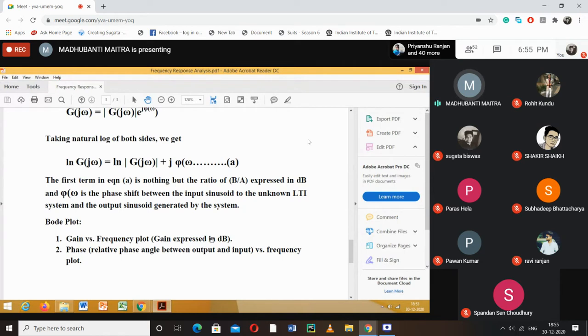Gain is expressed in dB. What is the gain? The ratio of B by A, that means the amplitude of the output sinusoid by the amplitude of the input sinusoid. And as I said, in the frequency response test, generally this A is kept constant.